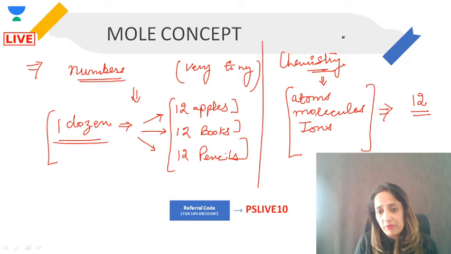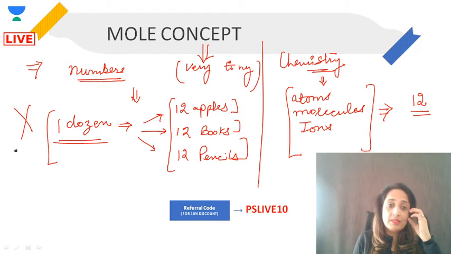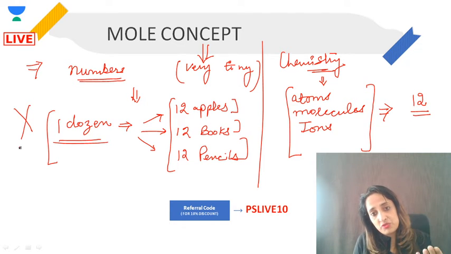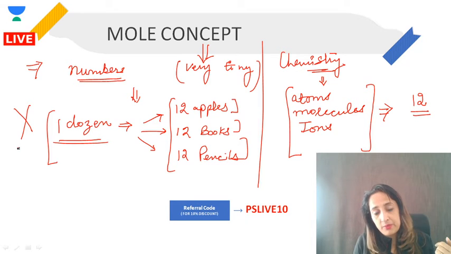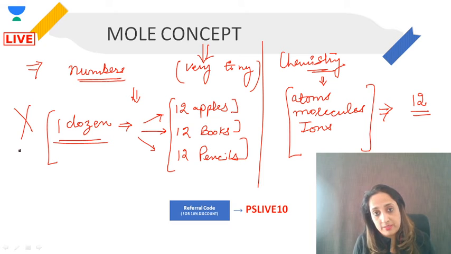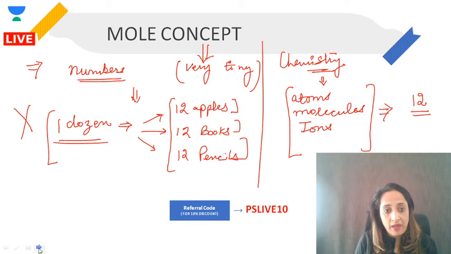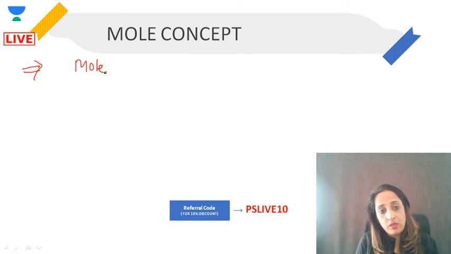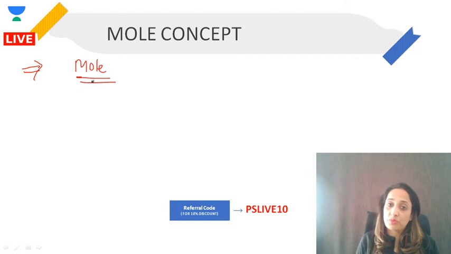No, right? Because they are very, very tiny. So we cannot use this dozen concept when it comes to chemistry, atoms or molecules or ions. So there should be some number that we can use very comfortably and with much confidence. So what do we have? That is where the mole concept comes into the picture.